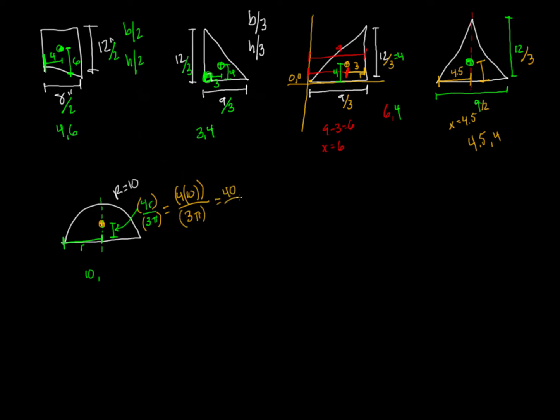So we're going to get 40, and I believe 3 pi is 9.42. So we're going to do the 40 divided by that answer, and we're going to get 4.24. Now you have to think to yourself, is that distance from here to here down to that axis? Well, here's your y, and here's your x. The answer would be yes. So 4.24.